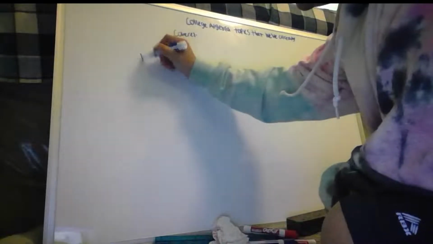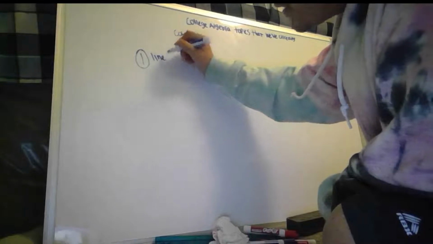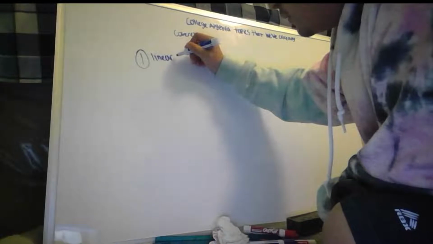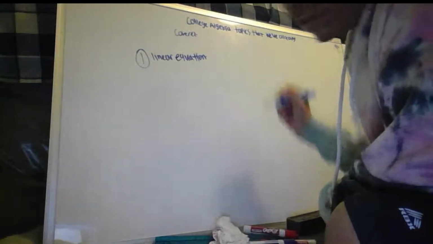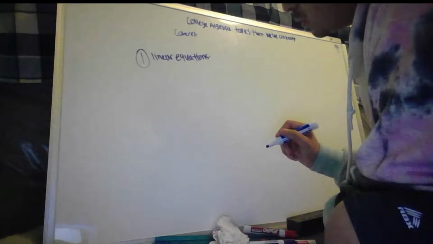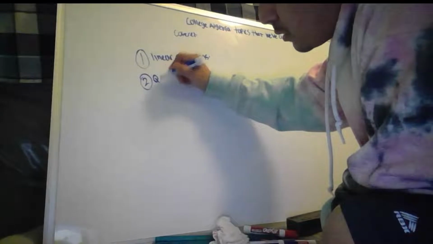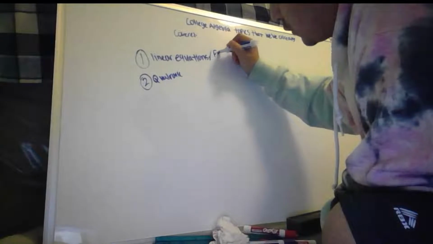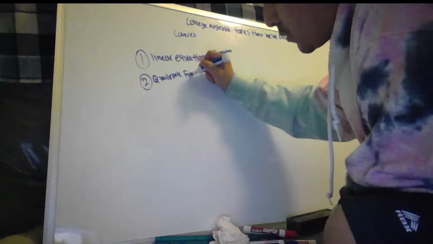So number 1, we've covered linear equations. That's the most basic type of algebra topic. Number 2, we've covered quadratic functions.